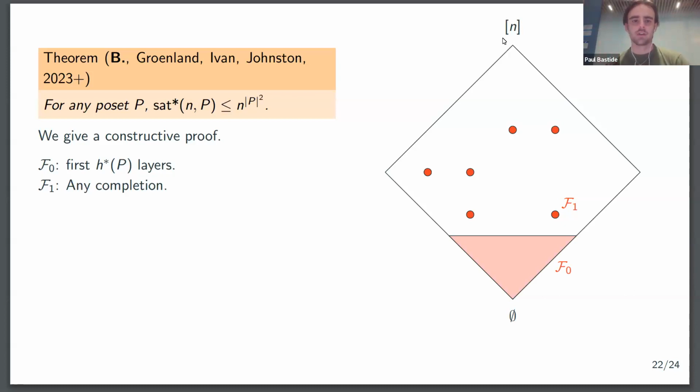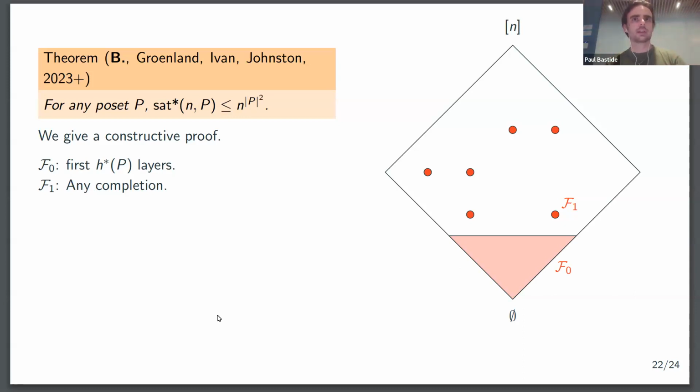So if n is large enough, and we always look at n to infinity, then this is only the first hypercube height minus 1 layers. Yeah, and it's described like this because you also have the layer 0 here. The minus 1 plus 1 doesn't really matter. And F1 is in fact any completion of this.